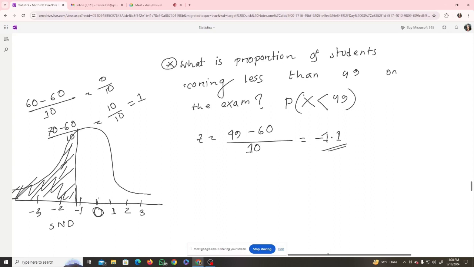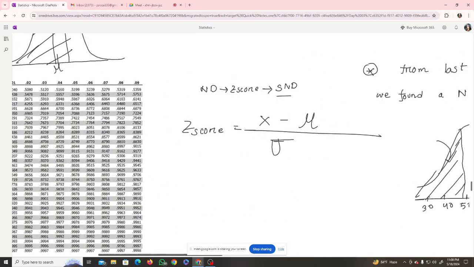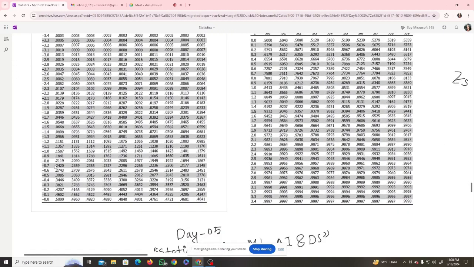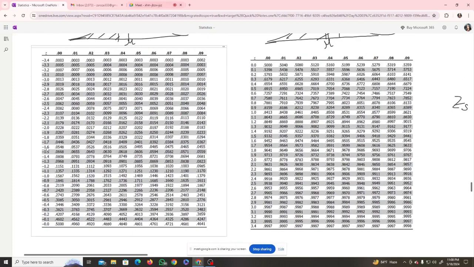If it seems a bit overwhelming, hold on, I'm making things easier for you. You have minus 1.1, right? So let's find minus 1.1. To find minus 1.1, you will use this table. Firstly, you have to find minus 1.1 in this part. You go below, and you find minus 1.1. Do we have anything after minus 1.1? No, so we have 0, right?